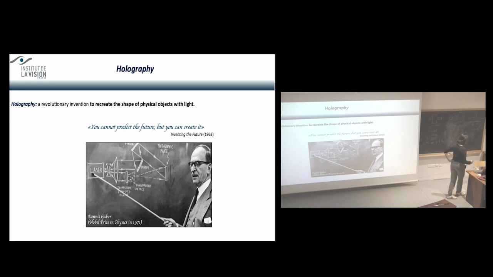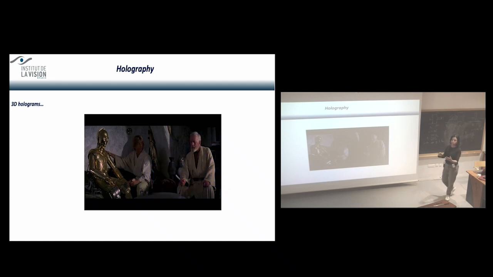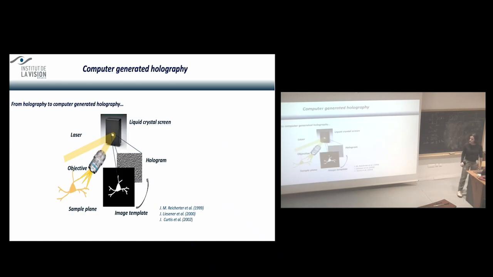It has been largely used in physics. It has also been largely used in science fiction movies, where people started to dream that with light we could eventually create a three-dimensional object and also animate this object in time. Today, with computer-generated holography, we are not so far from this science fiction prediction, where we can replace the original holographic system. Now you no longer need to physically have an object in your light path. You can just draw it by computer, so you can start with an image template.